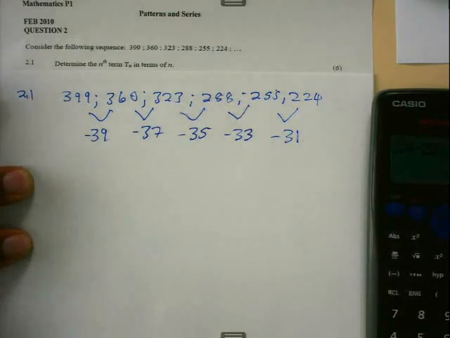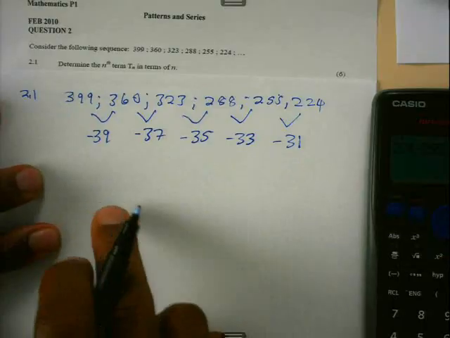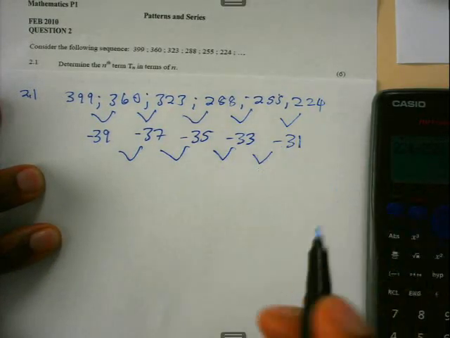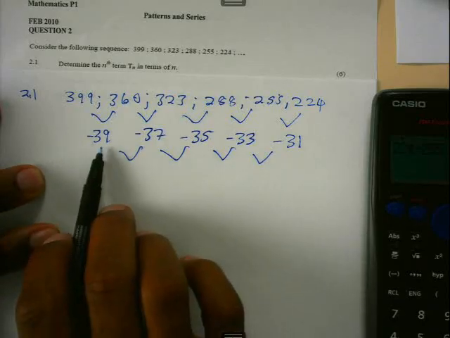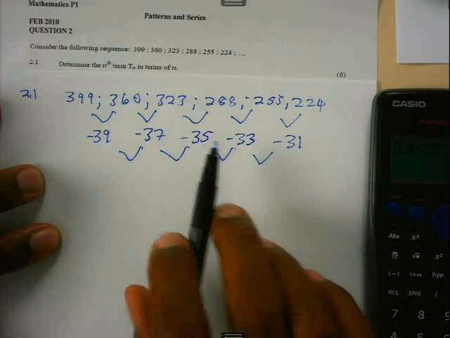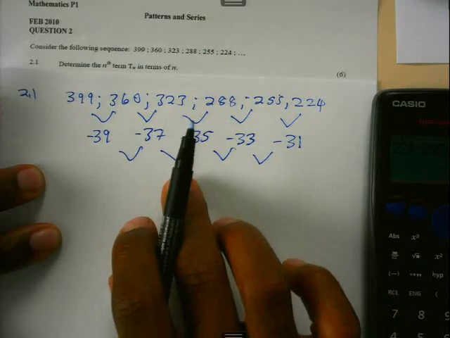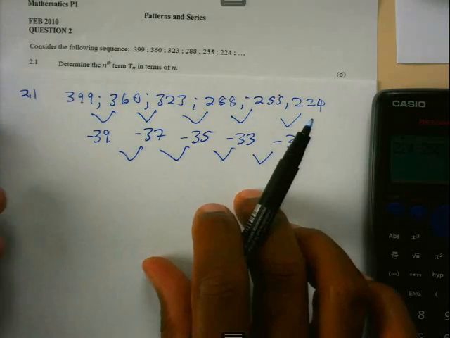You can see our first difference is decreasing. Because 39, 37, 35, 33 is not the same, the sequence is not arithmetic, not linear.